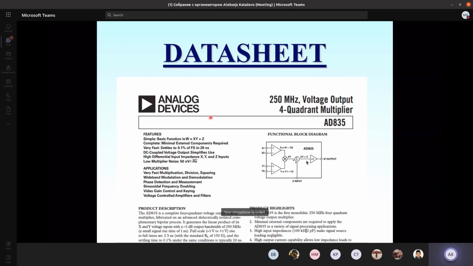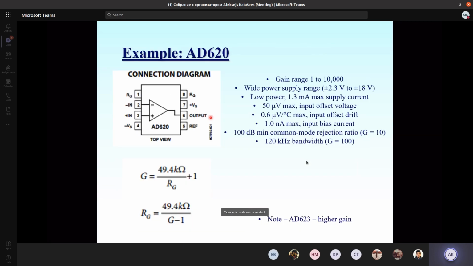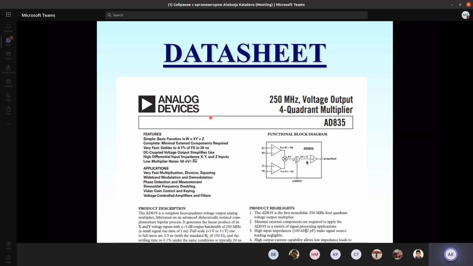So the datasheet is a main source of information about any electronic device, especially about microchips, micro assemblies, integrated circuits. To a lesser extent, the datasheet is important for single semiconductors like diodes or transistors, but these elements still have their own datasheets too, where certain important information for the circuit designer can be found. So please remember that the datasheet is your friend, your helper, your source of information.